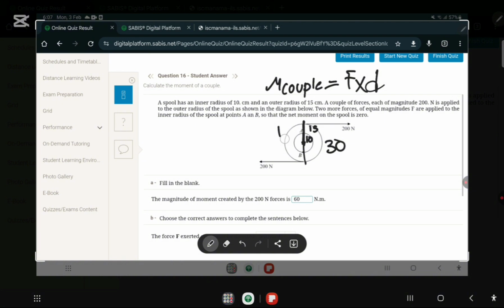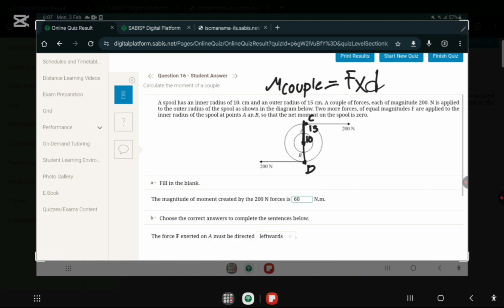So from point C to point D, if we make our own points, it's going to be 30 centimeters. Converted to meters, you do 200 times 0.3. You're going to get 60. That's the answer. And it's magnitude, so it doesn't matter if it's negative or positive.